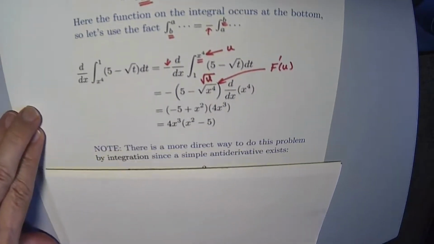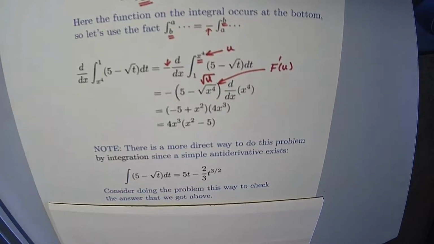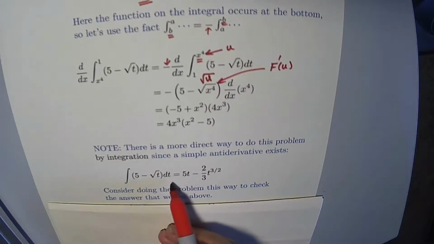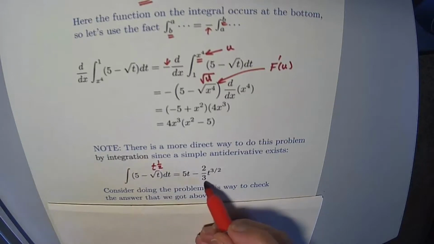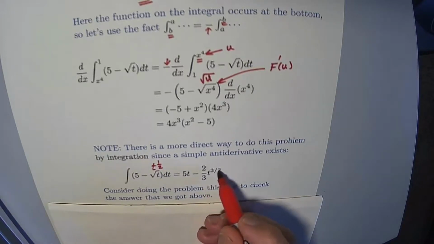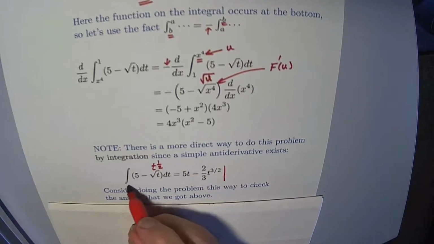In this particular problem, we could have done the problem directly by first actually integrating, though it's not necessary to integrate. In this case, the antiderivative is easy to get. Integral of 5 is 5t. Integral of the square root of t, or t to the 1/2, is t to the 3/2 over 3/2, which becomes like this.